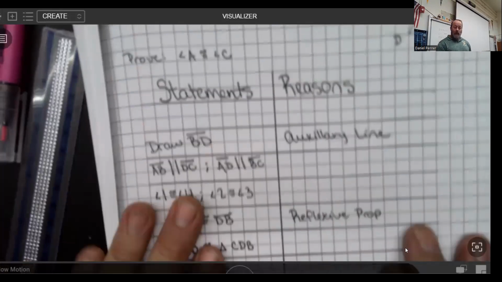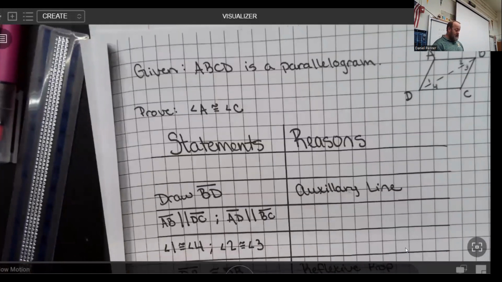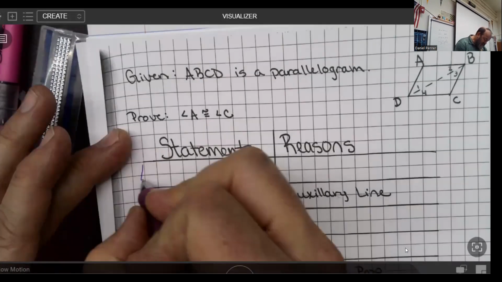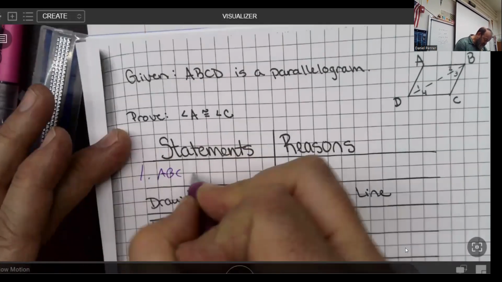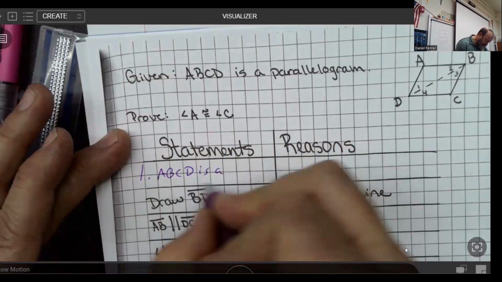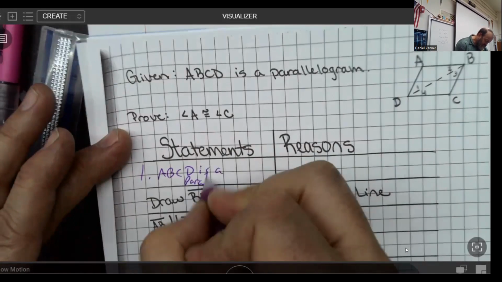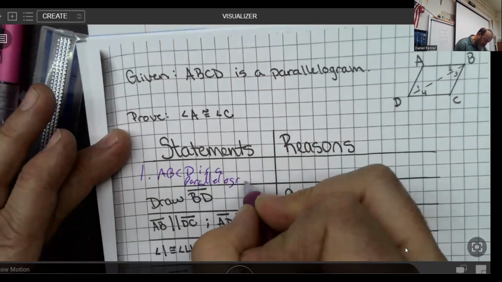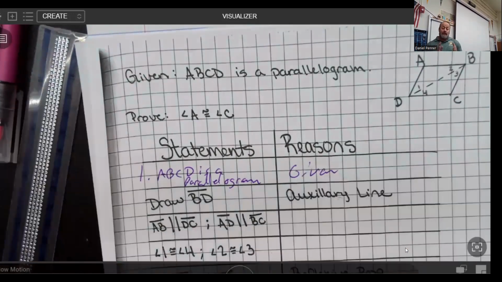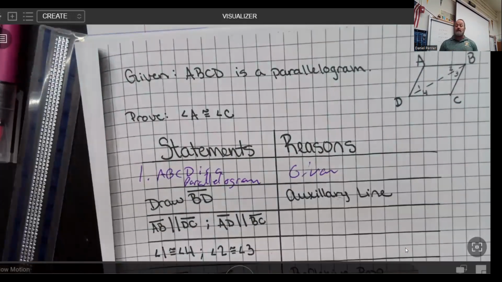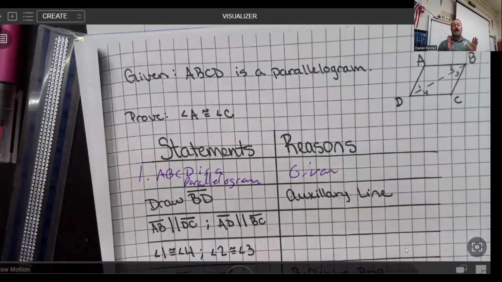So what we're going to do is start off with ABCD is a parallelogram. And that, of course, is my given piece of data. Now, please understand that when you watch a video, you can always pause it, so you don't need to worry about if I'm going too fast. You can come back and take a look at it.